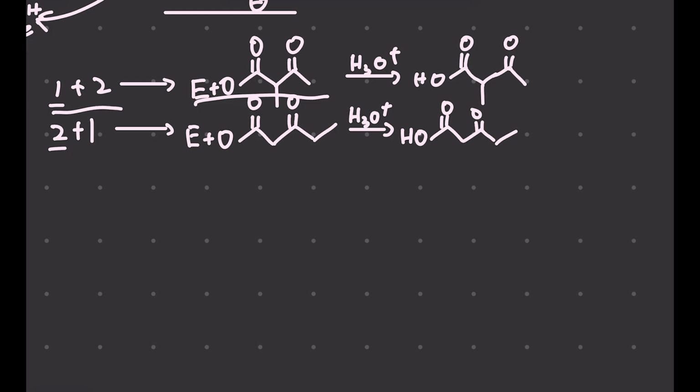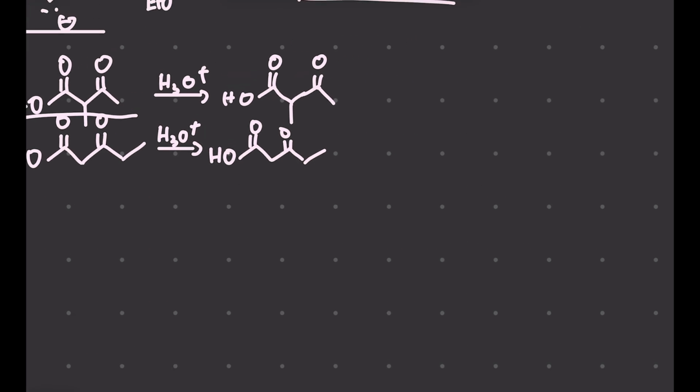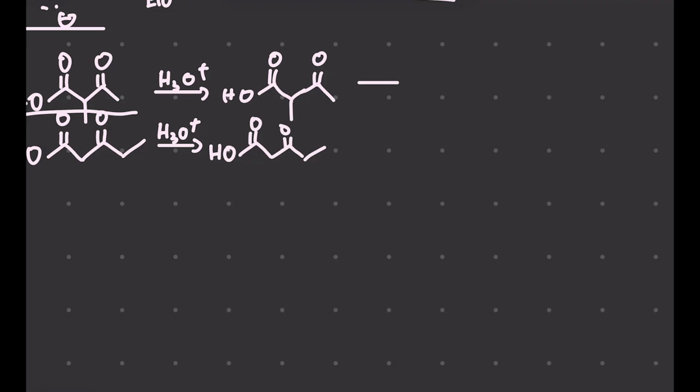Now, what you can do at this step is heat both of these products, and they will undergo decarboxylation, where they will remove the carboxyl group, the carboxylic acid group, sorry. And we're going to be left with these two products.